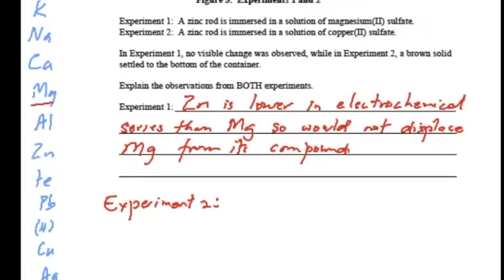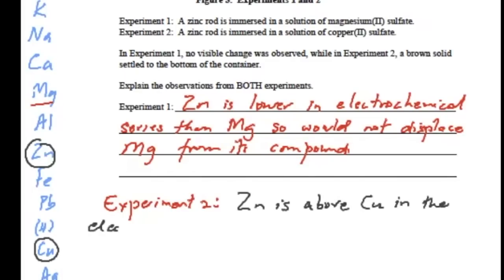So we're going to look at the relative position of zinc and copper in the electrochemical series. So zinc is here and copper is here. So zinc is above copper in the electrochemical series or in the reactivity series of metals.